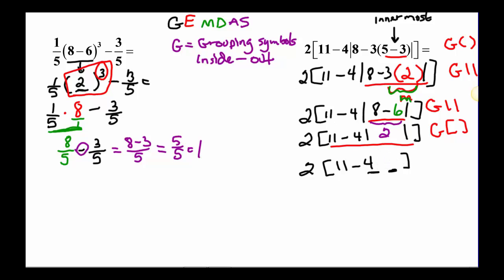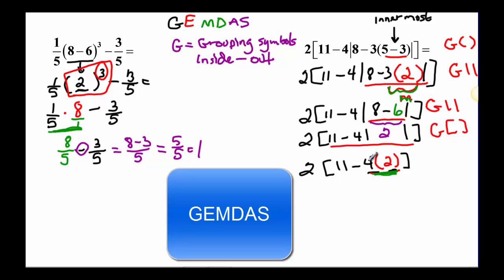The absolute value of 2 is 2. So it's really times 2, not the absolute value of 2. And then that's a multiplication that we need to do next. Because inside the parentheses or the brackets or whatever your grouping symbols are, you have to follow the GEMDAS again until you get that simplified.